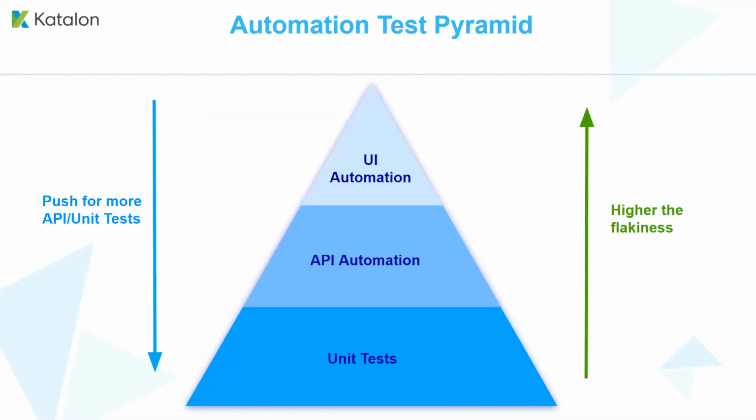I know unit tests don't exactly fall under the automation developer's responsibility; that's more of a developer responsibility, but it's always good to work with the developers, be an advocate, and push for more unit tests. In certain situations, you can also work with developers to help them write unit tests, or campaign for that, be an evangelist to push for more unit tests. With this approach, it helps you overall reduce the flakiness in your test execution runs or in your testing effort in general.